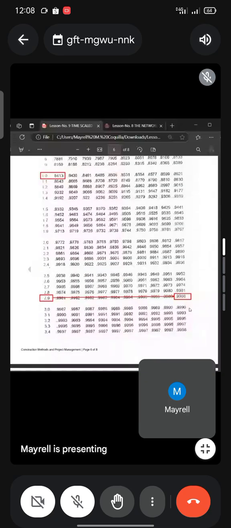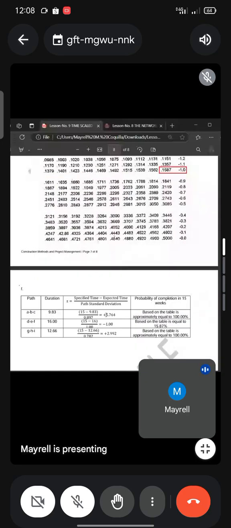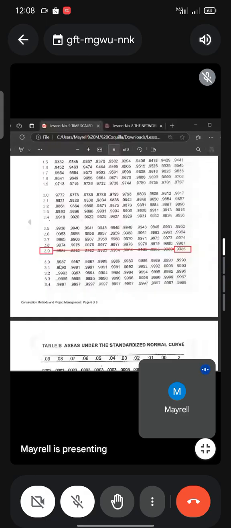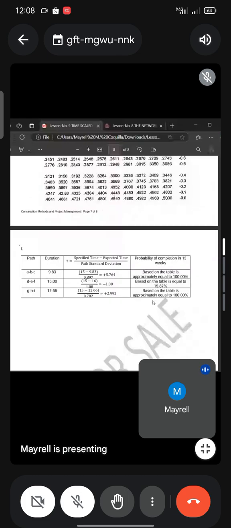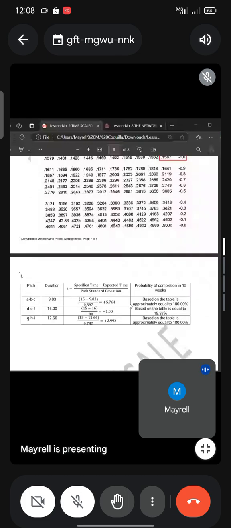So if it's more than that, ang mga values na already 0.99 or round up nimo, that's already 1. So mas dako pa gud ni siya 5. So based on the table, it is approximately equal to 100%. So 100% ang probability nga ma-complete siya in 15 weeks.